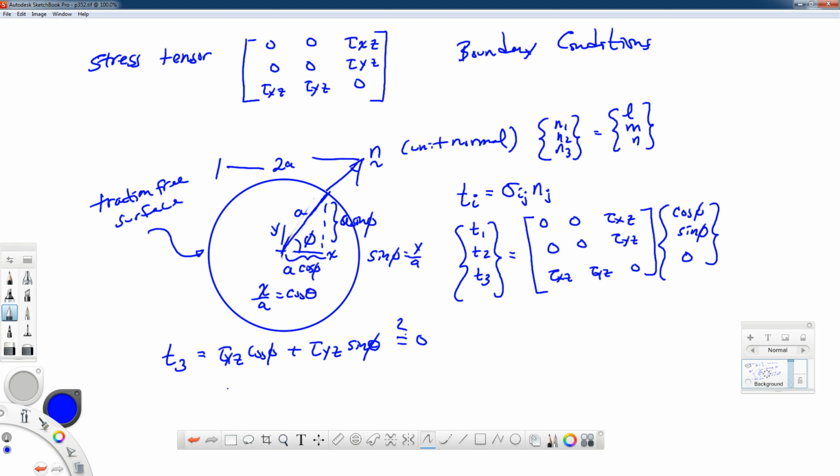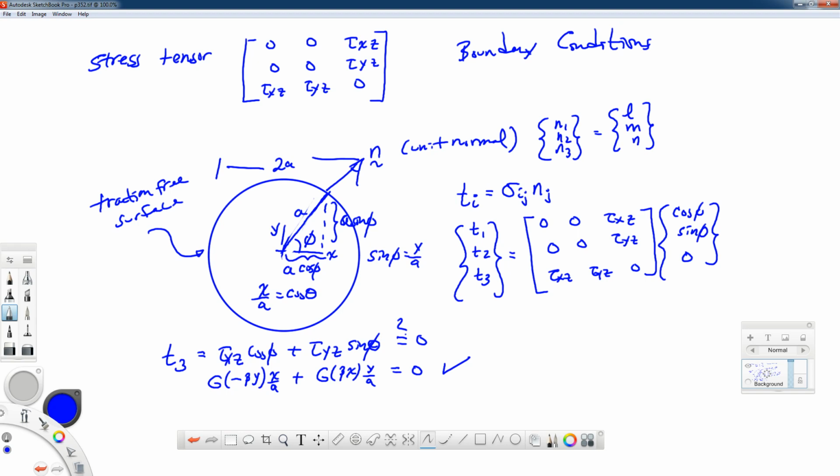So we've got G times minus beta y times cosine phi, which is x over a, and then here we have tau yz, which is G beta x, times sine phi, which is y over a, and that does indeed equal 0. So we have a traction-free surface.